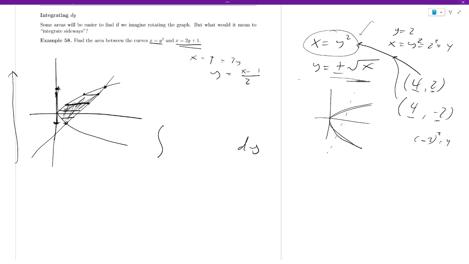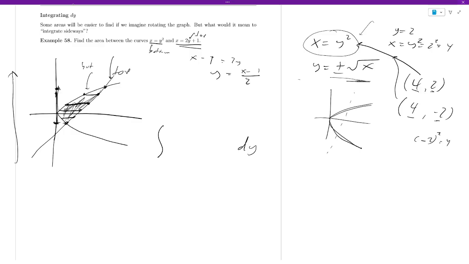Right? If I formulate my lines, my curves, as functions of y, then if I want to integrate them dy like this, I can write down their functions with y's in them. So here, the top function, the larger x values over my region, are coming from this function, x equals 2y plus 1. And these bottom values, meaning the lower x values as a function of y, are coming from here.